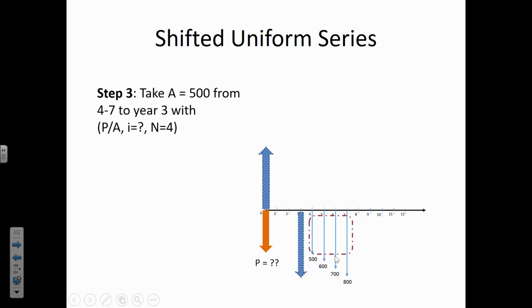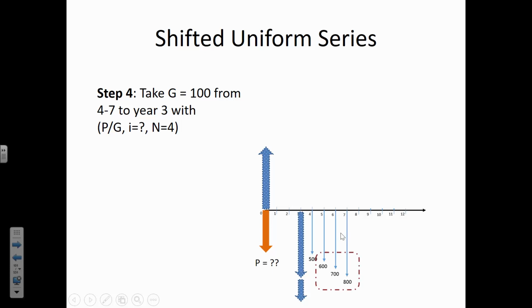But then there's also the gradient, which would move to year 3. So find P given G. And we're just temporarily calling year 3 the present, from the perspective of this annual series and also the gradient.